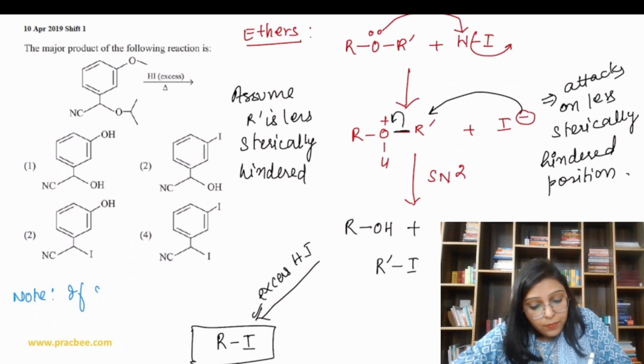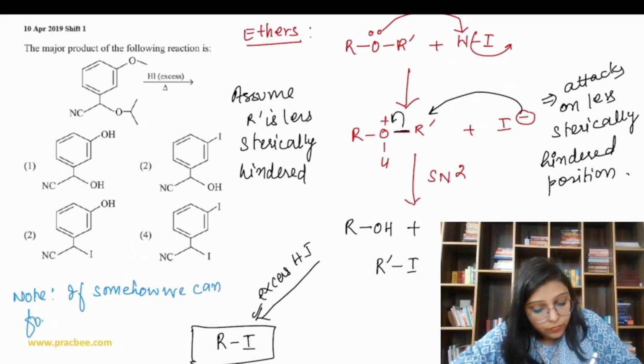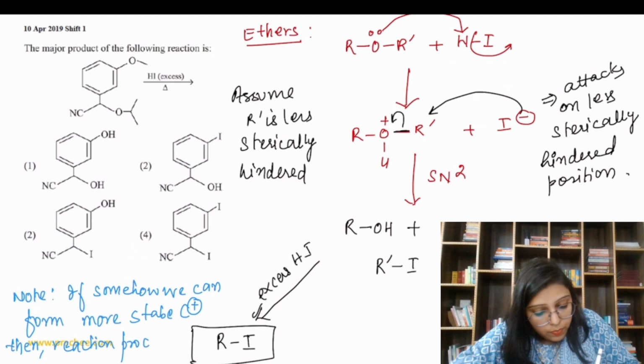Notice that if somehow we can form a more stable carbocation, then the reaction proceeds via SN1.